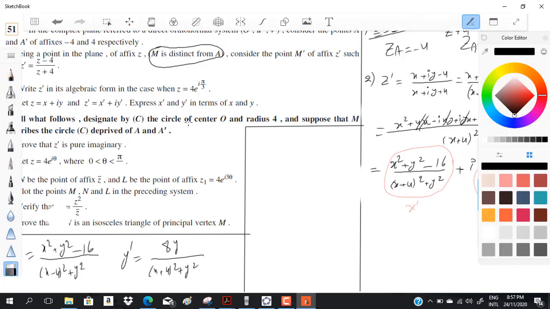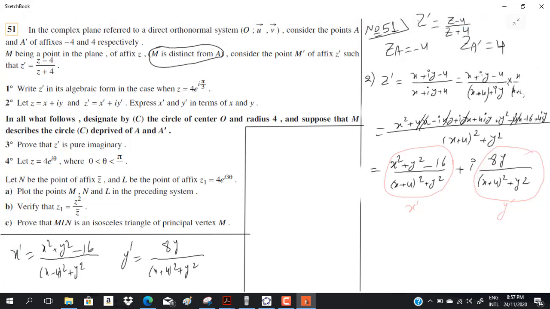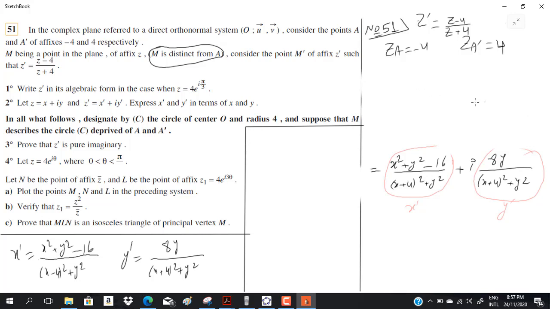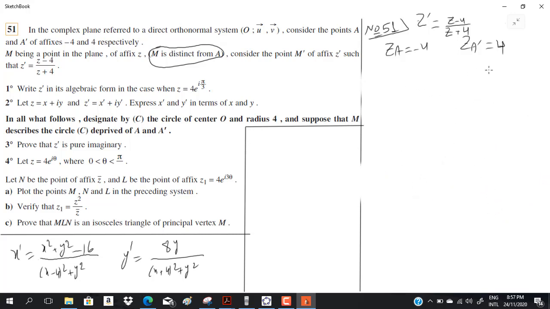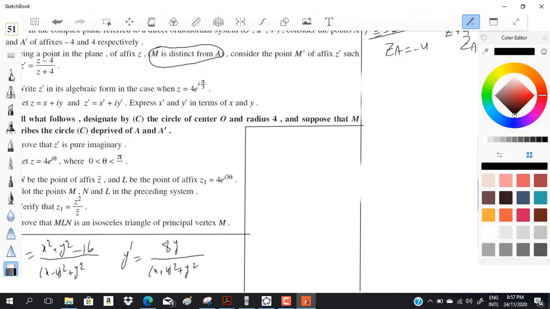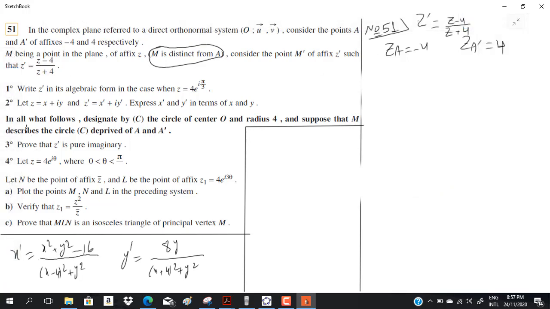Before solving part 3, we have to read the given. In part 3, in all what follows, C designates the circle of center O and radius 4, and suppose that M describes the circle C deprived of the points A and A prime.